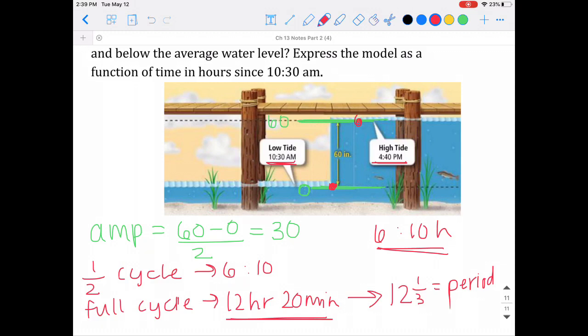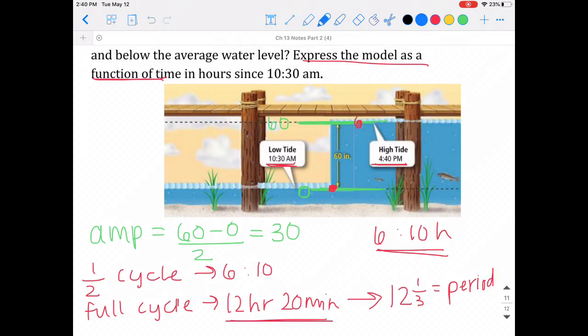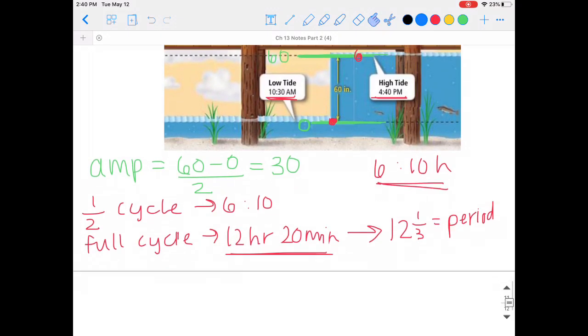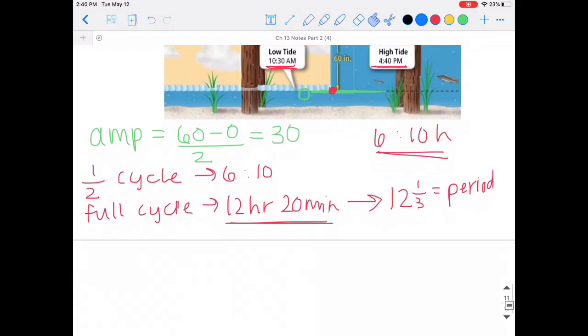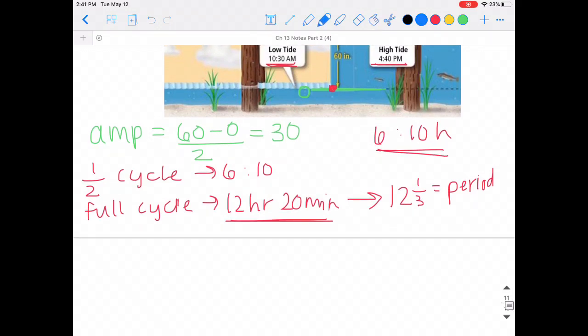Now to write out our function, to express this model as a function, we have our period, we have our amplitude, now we have to figure out our b value. And again, to figure out our b value, we're going to use the period. So our period is represented as 2 pi over b, and the period of this model is 12 1/3. So if I write that as an improper fraction, that's going to be 37/3.